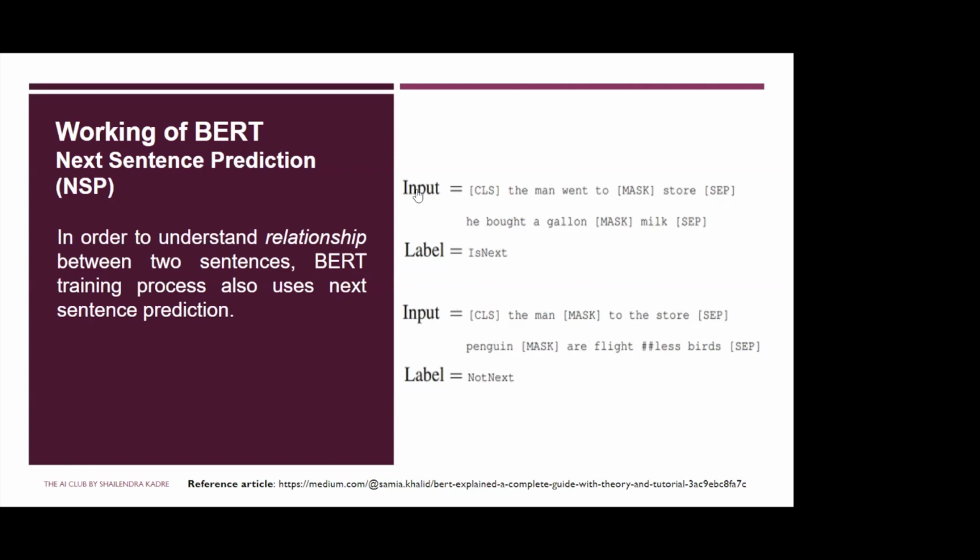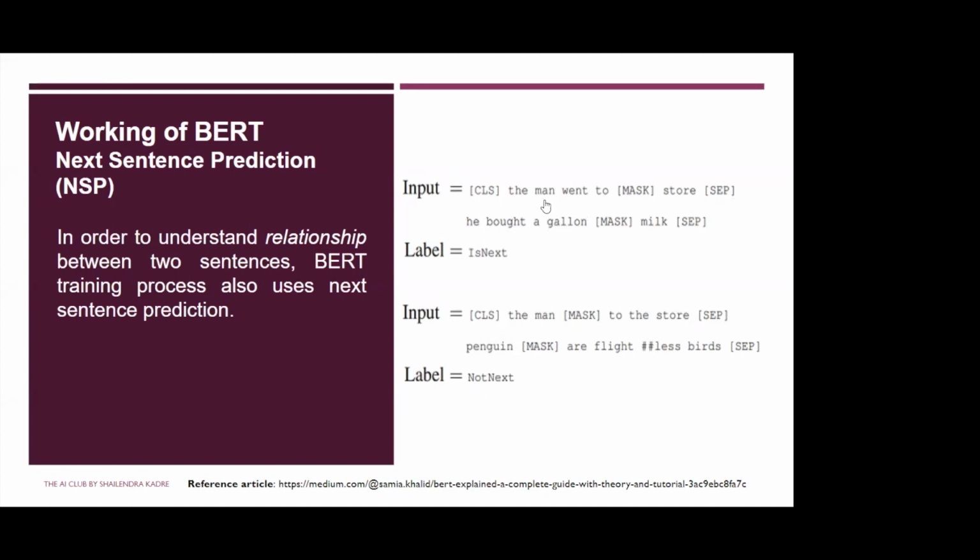The meaning here is that you have one sentence followed by another sentence, and you have to predict whether the second part of the input is the next sentence to the first or not. If you see here, the man went to the store and he bought a gallon, some mask token, and milk. You can see this sentence is obviously related to the first sentence.